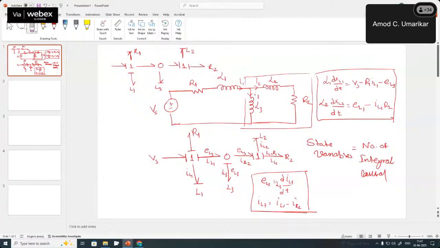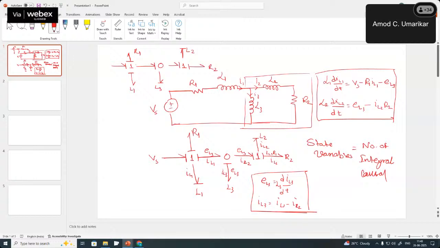So what we have to do is change the causality of R1. We can assign this. Now it is followed.